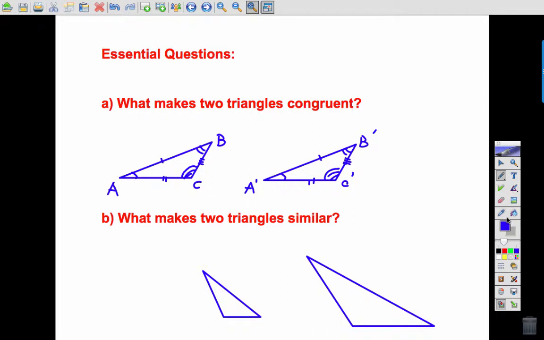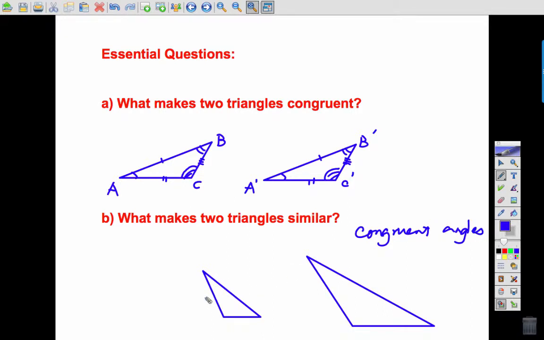Now, for similar triangles, look at this example. For these two, obviously the sides are of different length, but the angles have to be exactly the same. They still have the same angles, or rather congruent. All the corresponding angles have to be congruent angles.